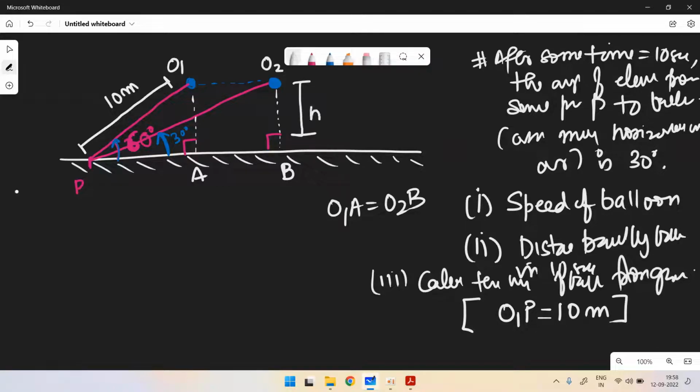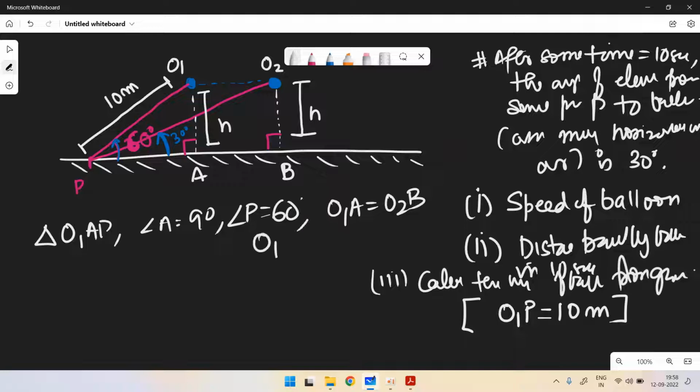You can take it as h. So this will also be h. So from figure 1, in triangle O1AP, angle A is 90 degrees, angle P is 60 degrees, and O1P is given to be 10 meters.